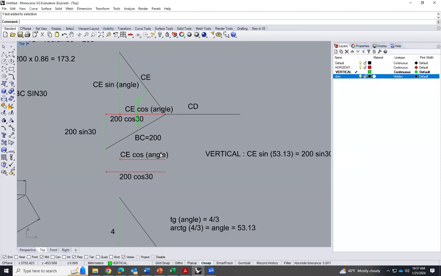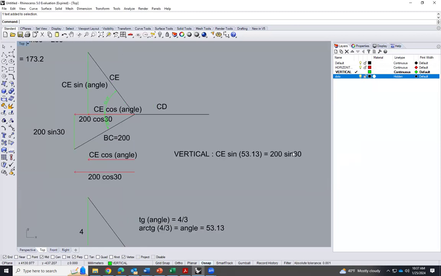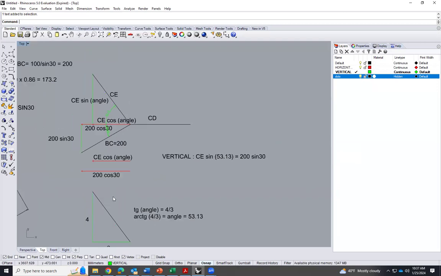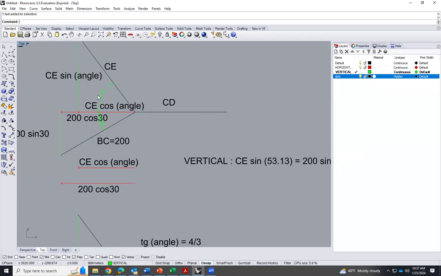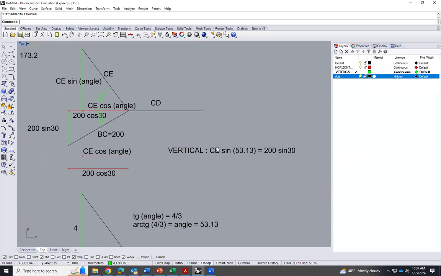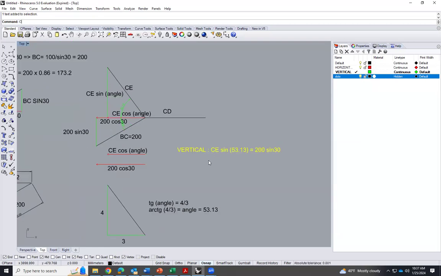Sine 30. That's the vertical equilibrium. What goes up? This vertical component, and this is CE sine of this angle, and this angle is 53.1.